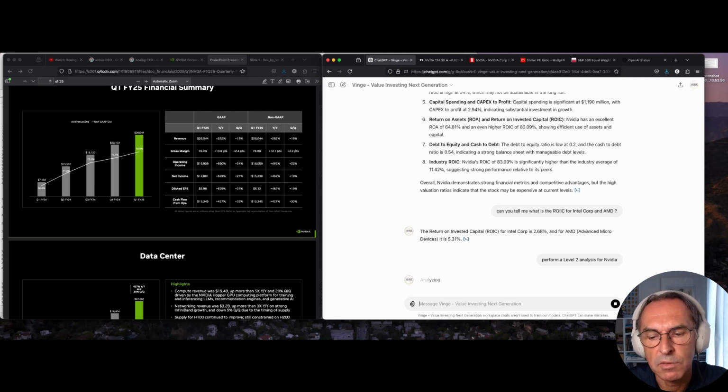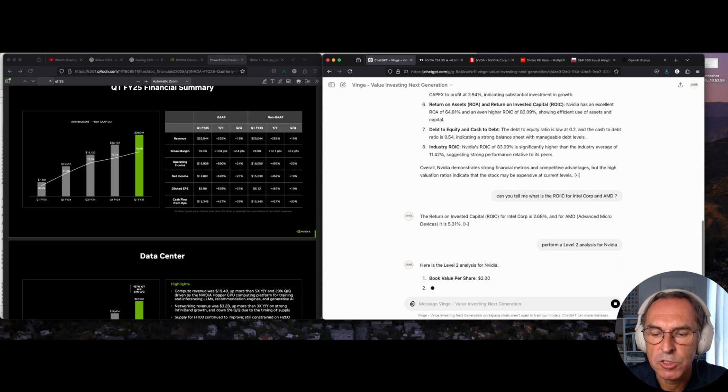I'm just asking Vinge, do me a level 2 analysis. Level 2 is calculating the intrinsic value per share using various methods. And you're going to see that without providing assumptions, Vinge knows which default assumptions to use.